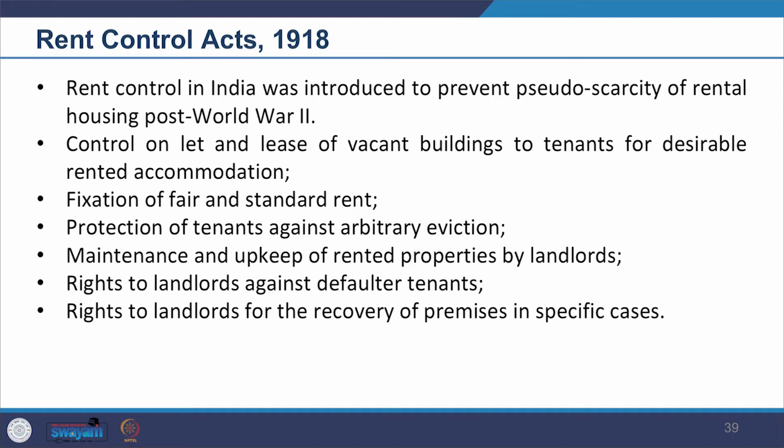There was fixation of fair and standard rents. We also see there was protection of tenants against arbitrary eviction. There was also maintenance and upkeep of rental properties by landlords. We also see rights to landlords against defaulter tenants. Also, there was provision for rights to landlords for the recovery of the premises in specific cases.